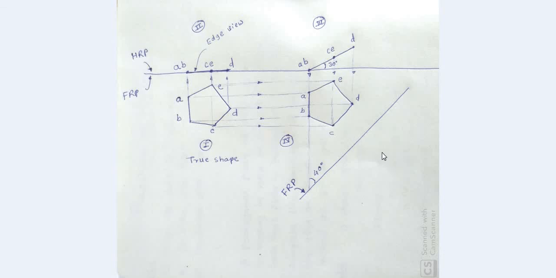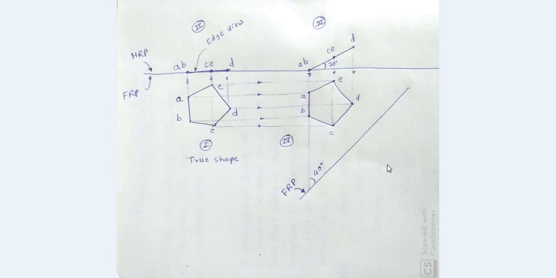Now we want to draw the front view here by projecting all these points A, B, C, D, E in this view. We know how to project a point in any newly created view or any newly created plane. We draw projectors from the previous view, that is projectors from A, B, C, D, E in these new views, and on these projectors we transfer distances from the next-to-adjacent plane.